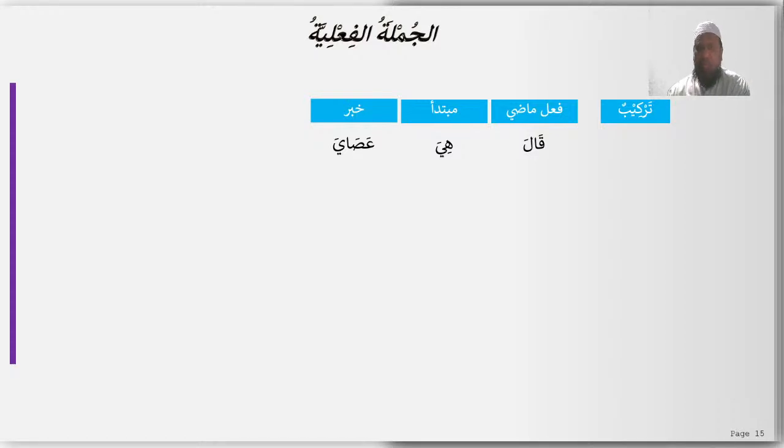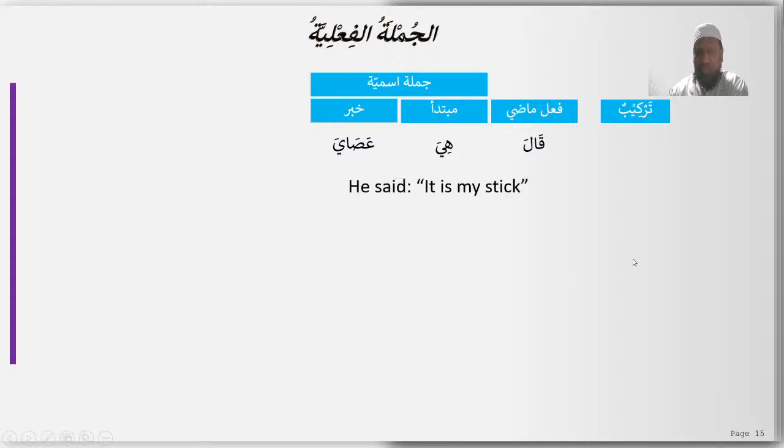Qala, he said. What did he say? A complete jumla. So this will be maqulul qawl. So this becomes a jumla ismiya. Translation: he said, it is my stick. Let's look at the i'rab.